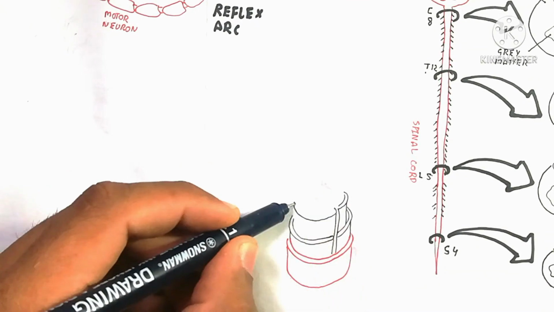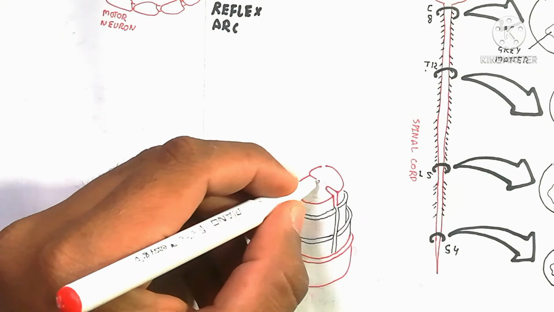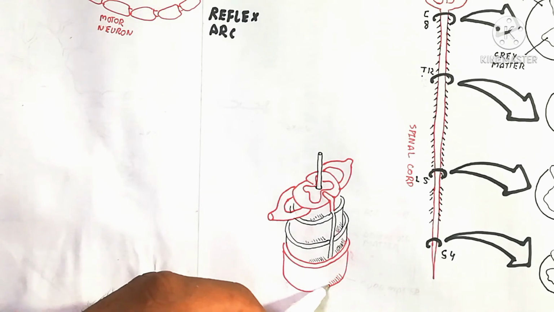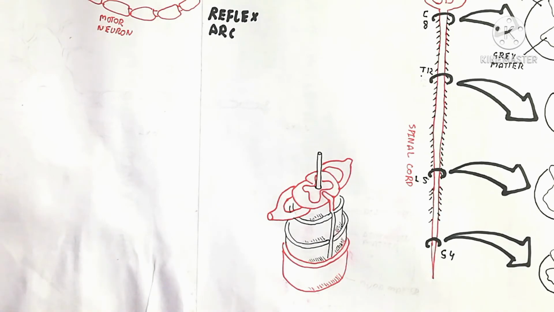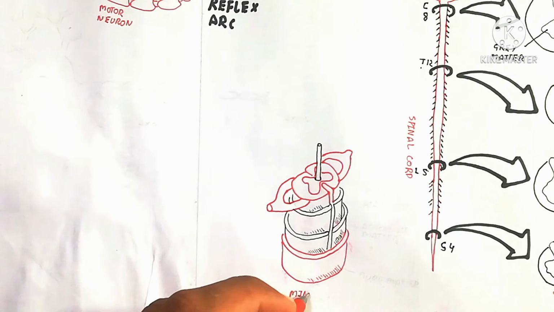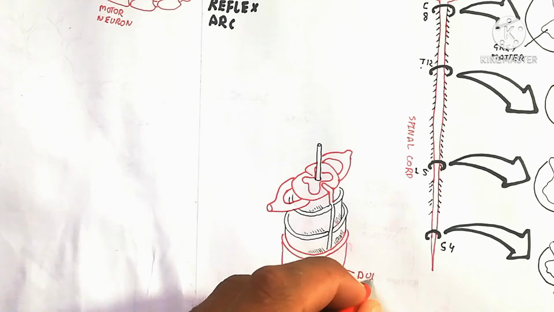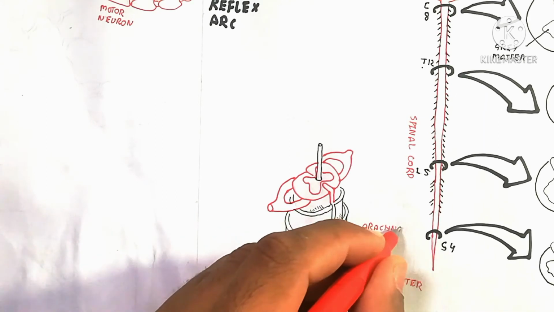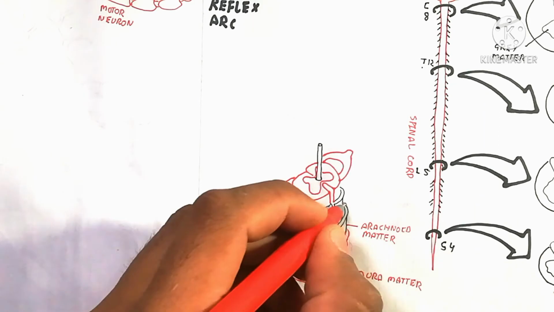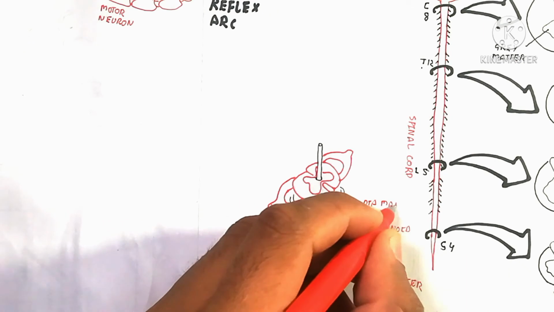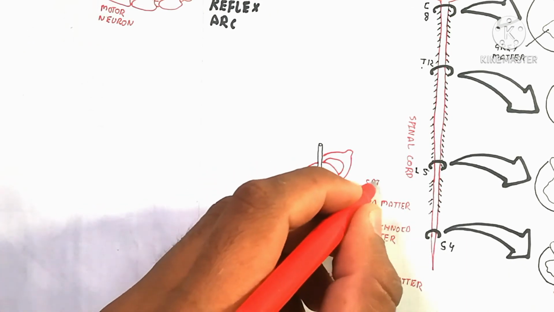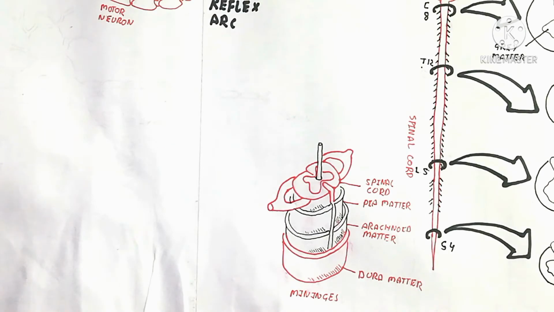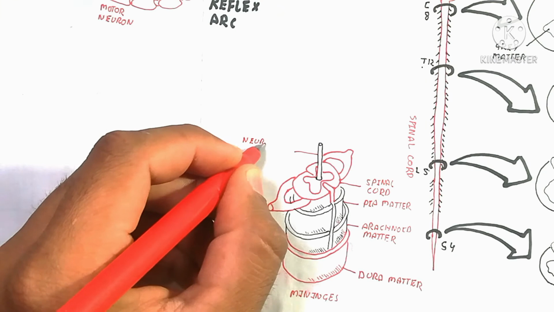So here is the spinal cord, which is covered by the dura matter, and inside the dura matter is the arachnoid matter, and inside the arachnoid matter is the pia matter, and these three types of layers are known as meninges, like a brain which is also covered by three layers. Inside the three layers is the spinal cord, which contains the peripheral nervous system from the nerves, dorsal and ventral ganglion.